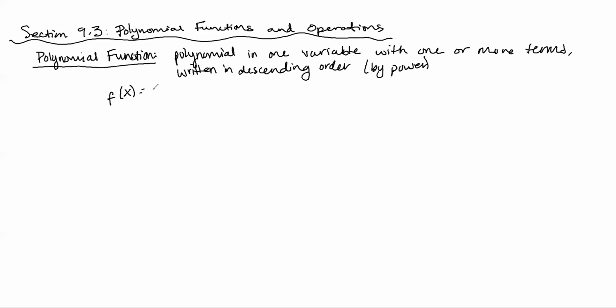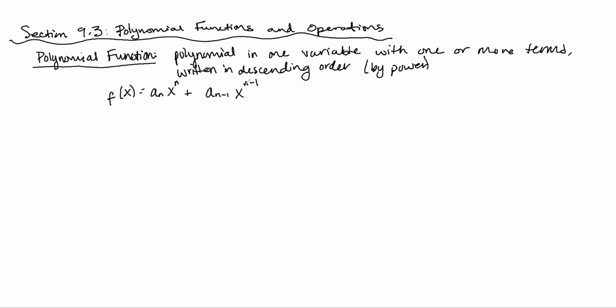So we're going to have f of x equals a n x to the n. So this just means it's our first coefficient, a n, and then x to some exponent n, plus a n minus 1. So these are subscripts, they're little numbers on the bottom of the letter, and then x to the n minus 1.